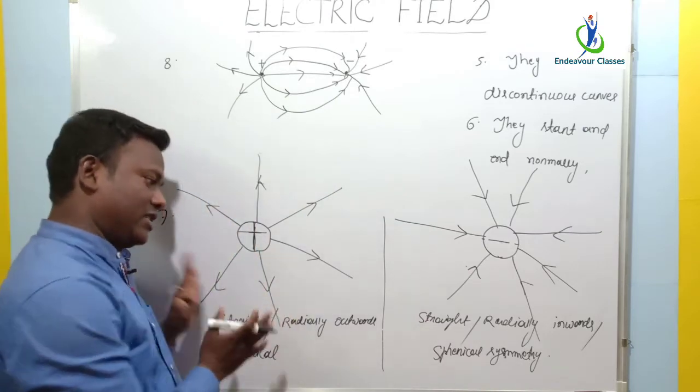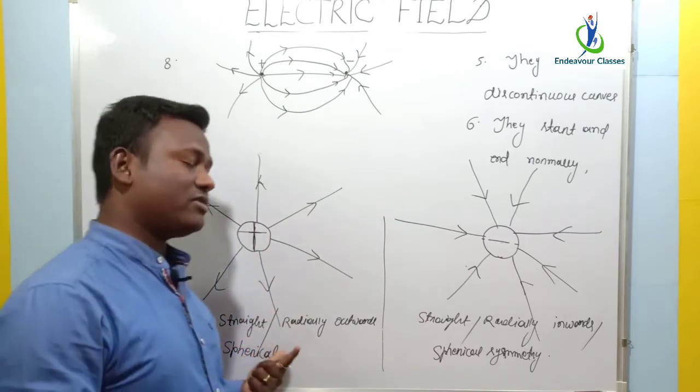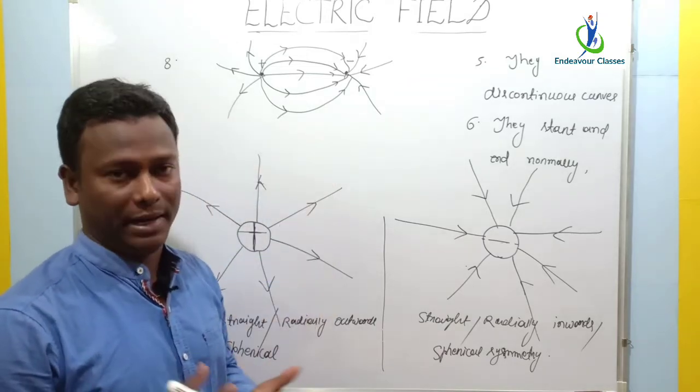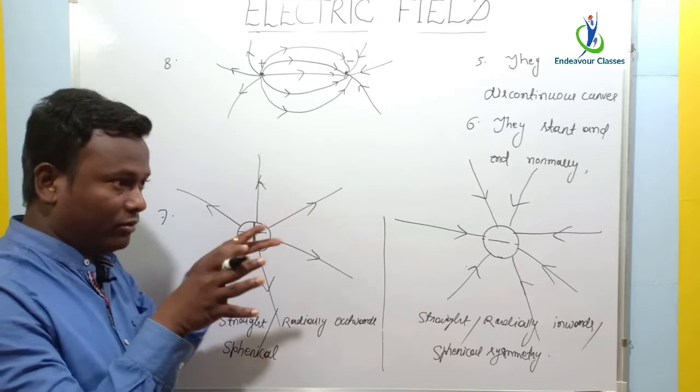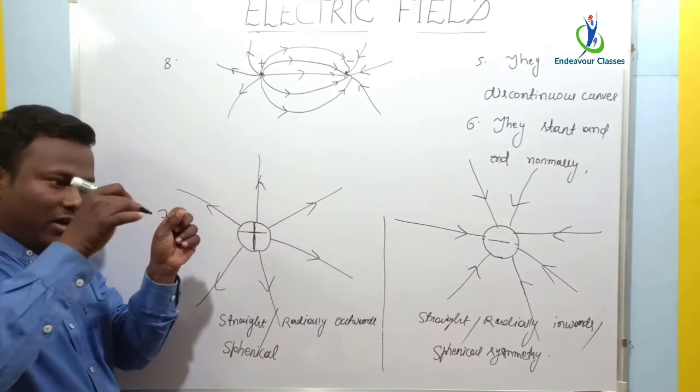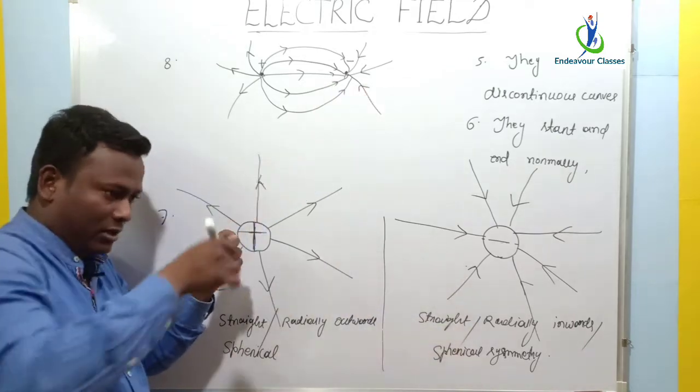You can see that the lines of force are starting from the positive charge and ending at the negative charge. If in the earlier case the lines of force formed a spherical symmetry, then in this case, if you are able to visualize it, they will start normally and end normally.